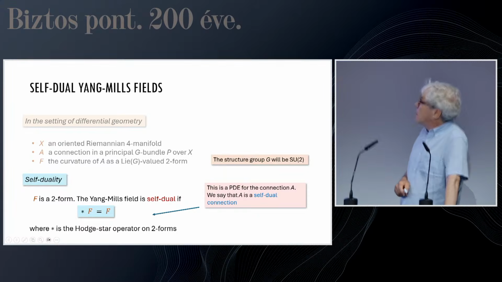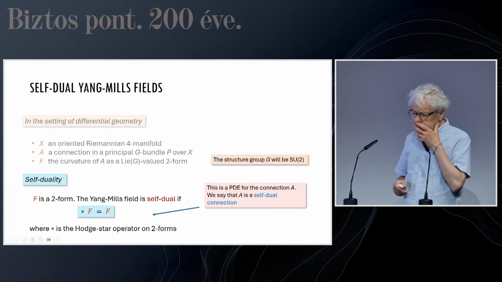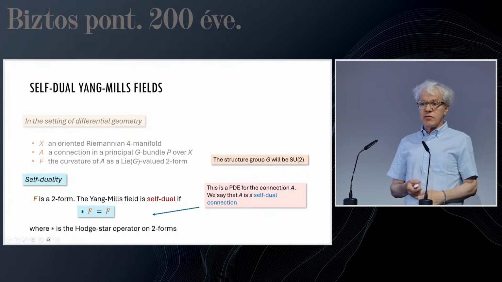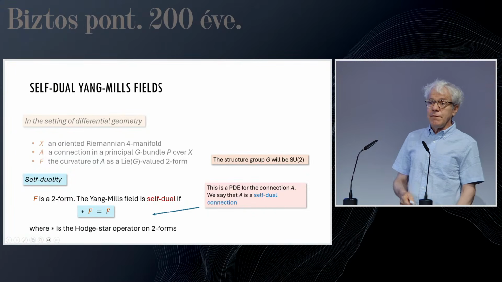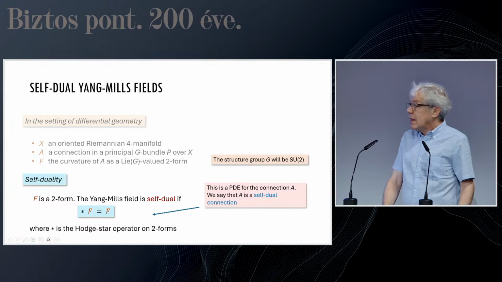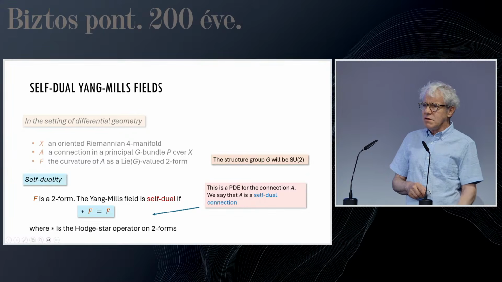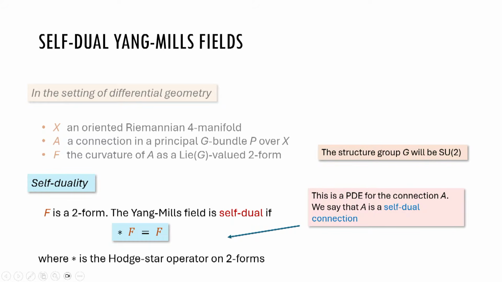The structure group, as I said, will be the Lie group SU2 most of the time. It's great that the language of connections, curvature, and differential geometry allows us to write the equation just star F equals F. And that's how I first saw it, and I had heard of this work of Simon Donaldson when I was a finishing undergrad, and I went to the library and I tried to figure out what this equation really was in terms of A, and I thought it was going to be important for me to write this down in terms of all the components of A. I did that, and then realized it wasn't important at all for me to do this, at least not at that stage in my life.